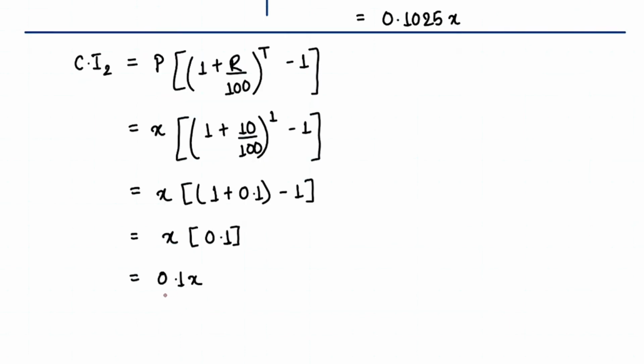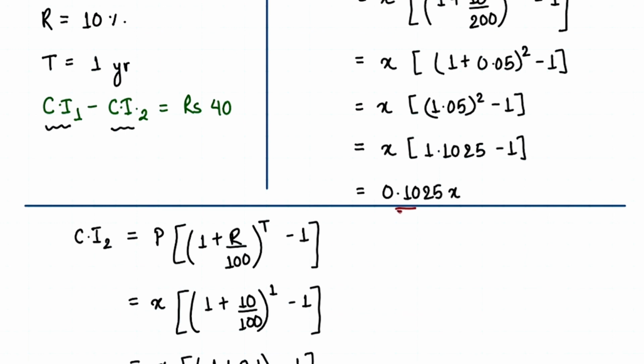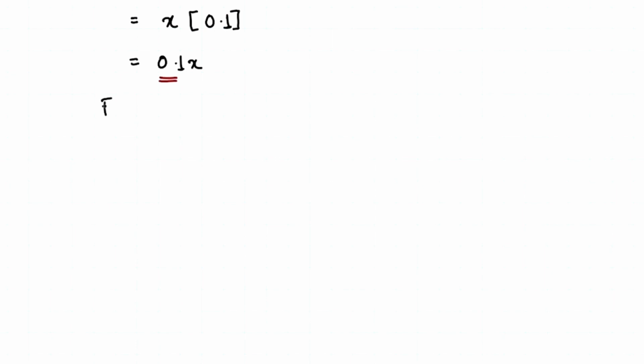So what we have done here is we have found our yearly compound interest, and we have also calculated our semi-yearly compound interest. So we have found the CI1 and CI2. Now what we are going to do is use this given thing, which is compound interest 1 minus compound interest 2 is 40, to find the value of X. So from the question, we know that CI1 minus CI2 is equal to Rs 40.